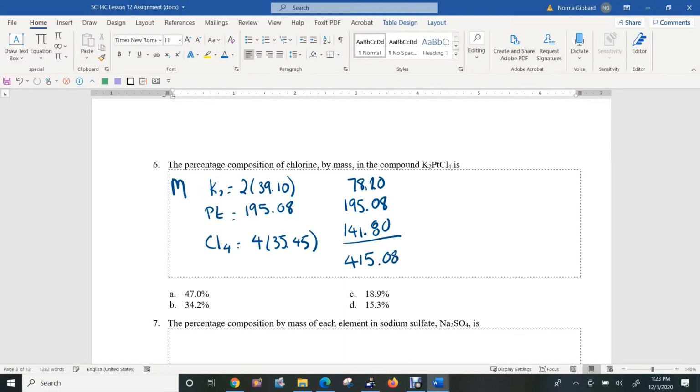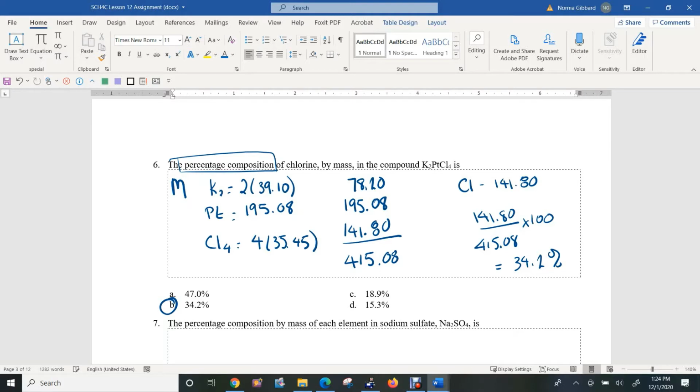Now that's going to add up to 415.08. Now, chlorine was 141.8, and we want the percentage composition. So we're going to take 141.8 divided by the total times 100, and we will get the answer of 34.2%.